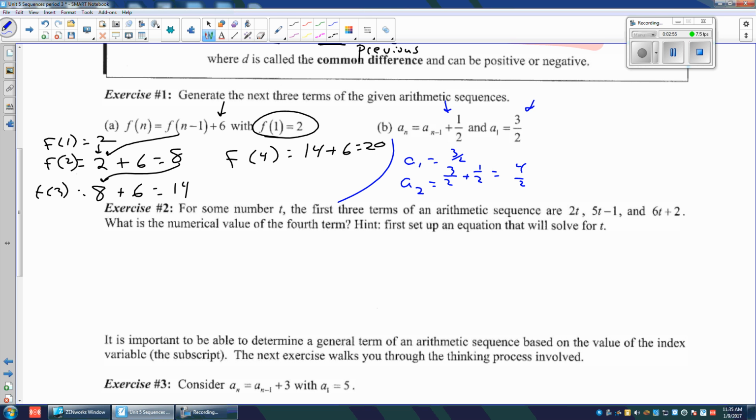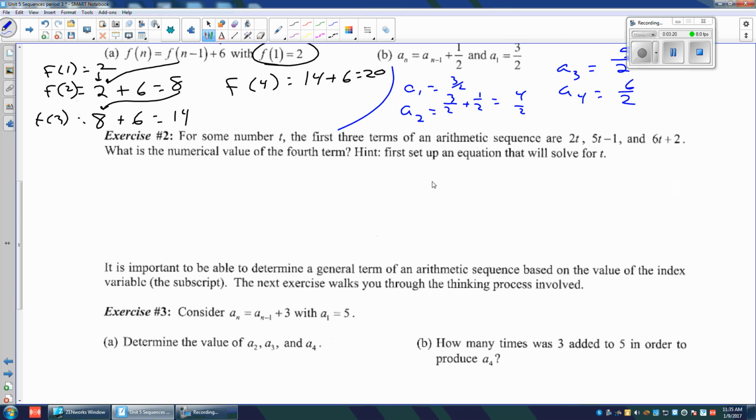So it's 4 halves. A sub 3 is 5 halves, and a sub 4 is 6 halves. Let me correct that, 5 halves. There we go. So I just added the numerator, added 1 and the previous numerator.